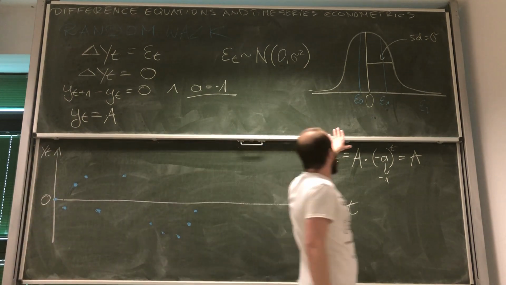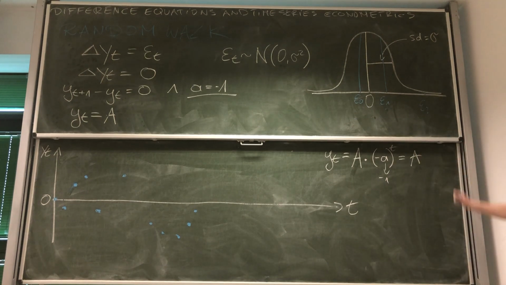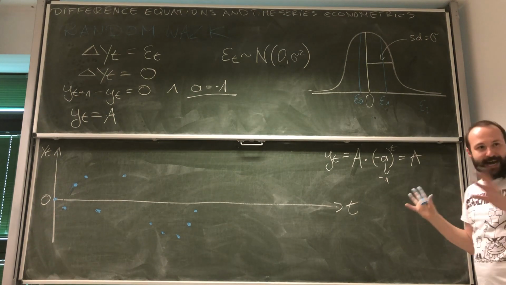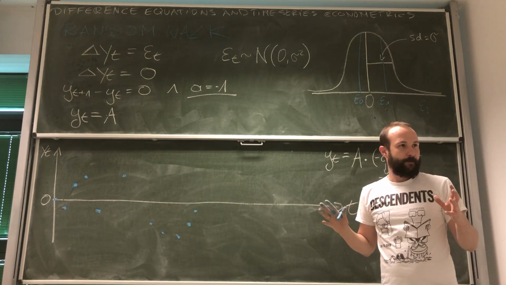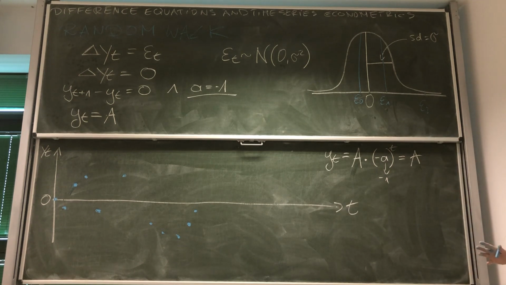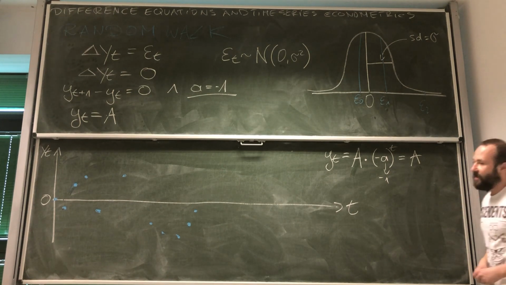What do I mean? Look, if the mean value here is 0, we expect that if we add up all those shocks, they will be averaging out at zero. We will have sometimes some positive shocks, sometimes some negative shocks, right?